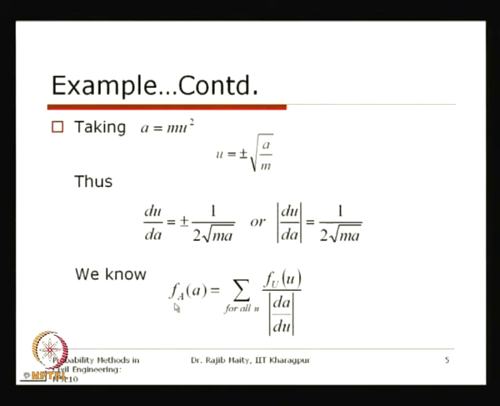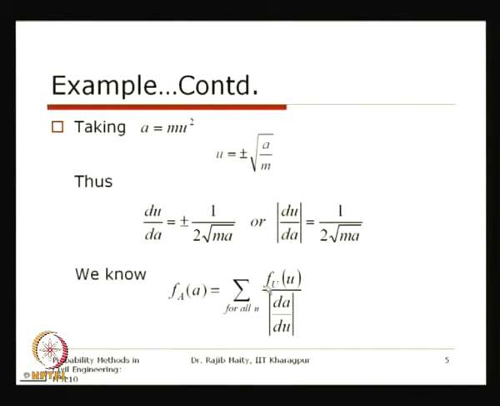Now, if we want to know the distribution of a, when we know the distribution of u, then we have to multiply it by the Jacobian, or divide by the absolute value of the inverse, that is dA by du, and we have to do it for all the roots. Here there are two roots, and we also know that the distribution of u is the standard normal distribution.